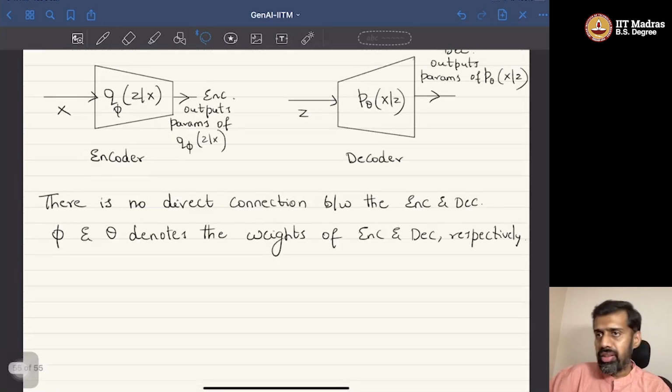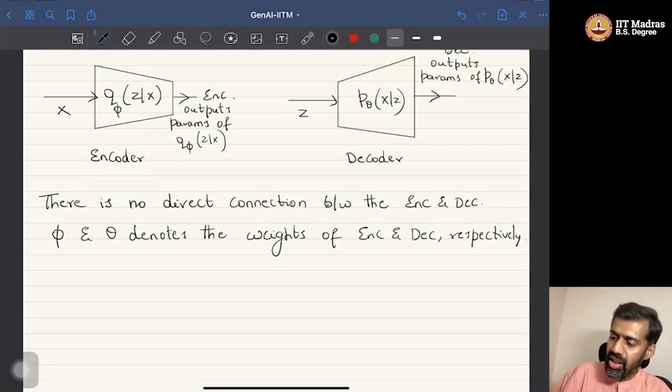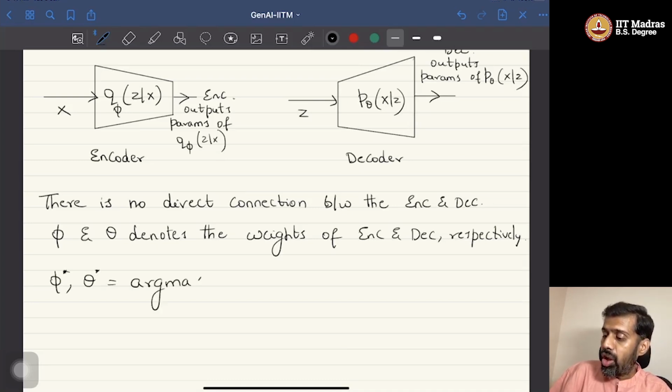Now with this, what are we interested in? We are interested in finding the parameters phi and theta, the optimal encoder parameters and decoder weights, such that the objective function that we have, which is the ELBO, is maximized. The ELBO becomes a function of both theta and phi, because we are modeling q as a neural network that has parameters phi.